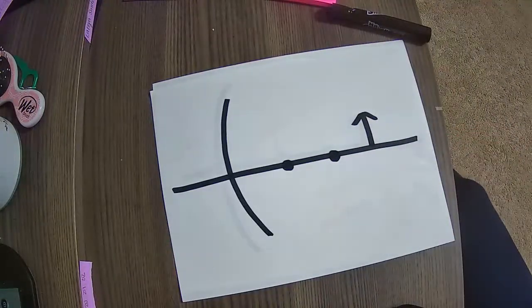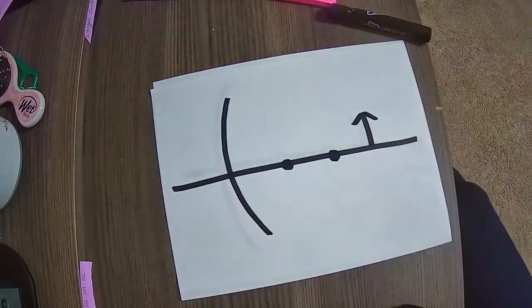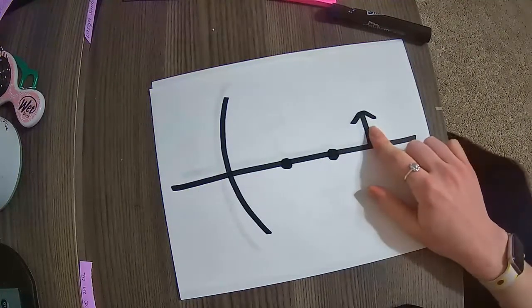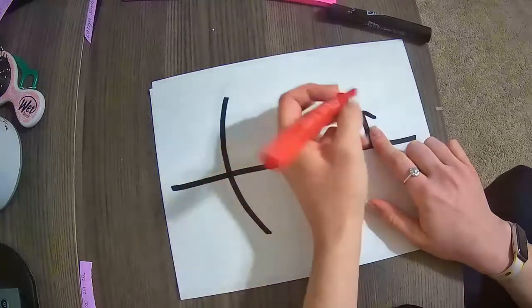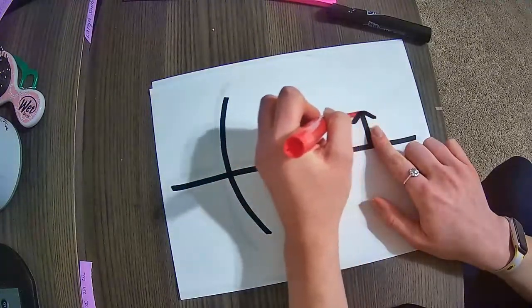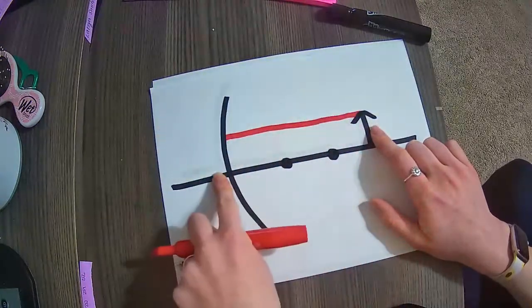So to get started, we have our parts of our diagram already set up. We're going to start with our object, and we are going to draw our first angle of incidence, or first line of incidence. And we're just going to draw a solid line that is parallel to the normal.